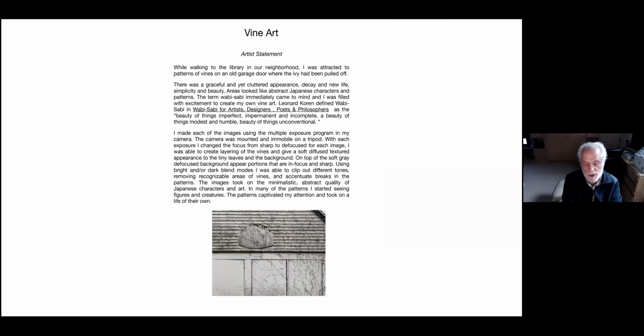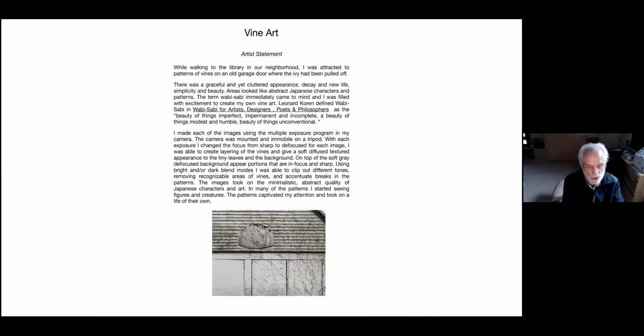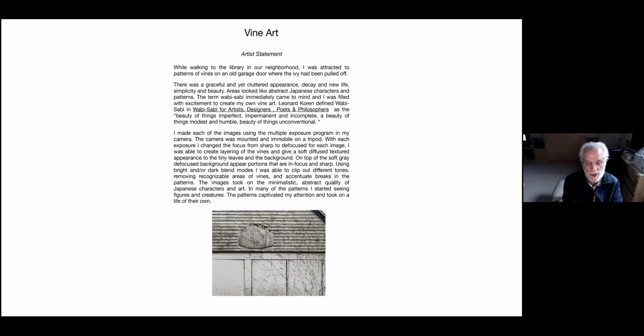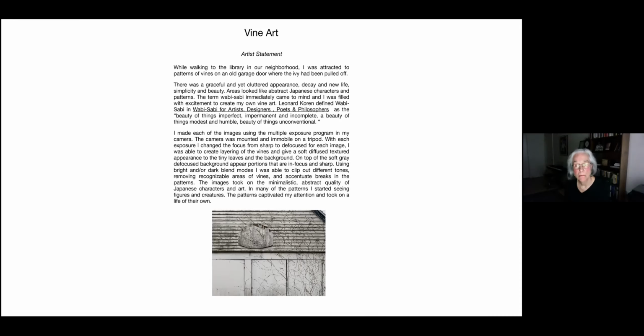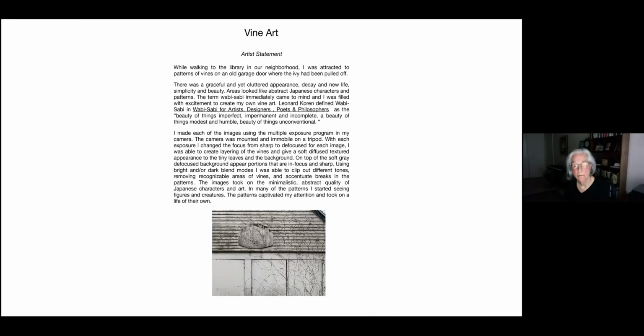I just changed them from color to black and white, and I might have removed some detritus that was in the image, but this wasn't done in Photoshop with multiple layers and different blend modes. The basic image was done in camera with the multiple exposure. Well, they're absolutely beautiful, Andrew.